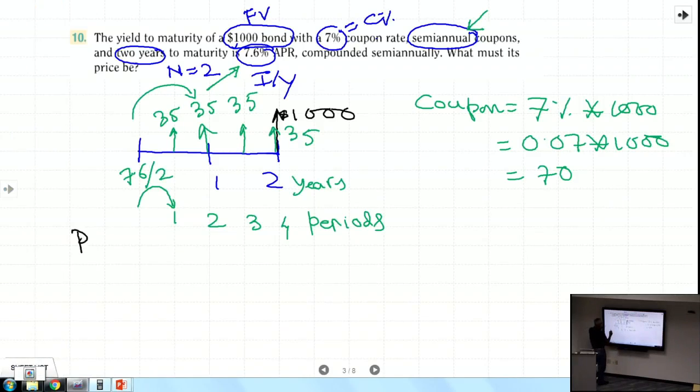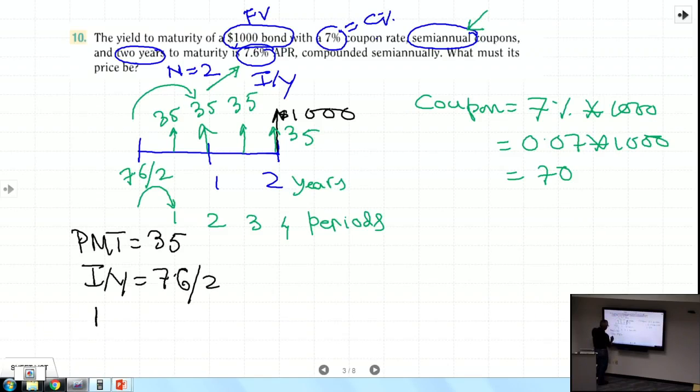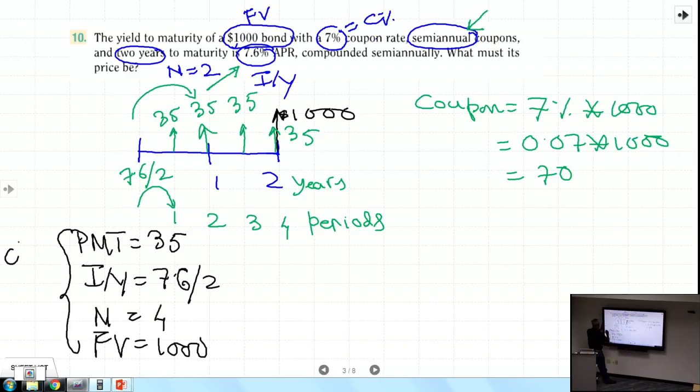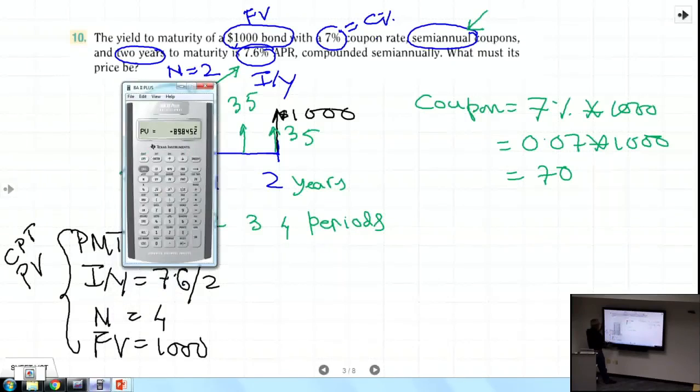So we will have payment in our cash flows. We'll put payment as 35. IY would be 7.6 divided by 2. N will be 4. There are 4 periods. FV will be 1,000. And once we have this, we will compute present value.